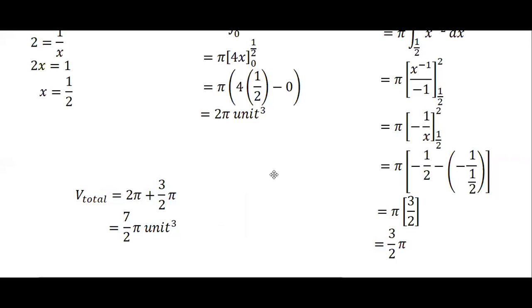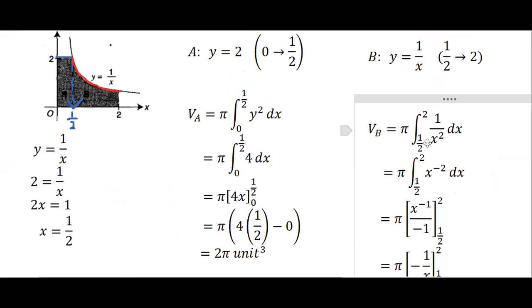Can I move the x squared for the volume of B over to pi over x squared? Can I move the x squared for which one? For B. For B, this one move up, move over to pi over x squared. Means you put in the pi inside or what?